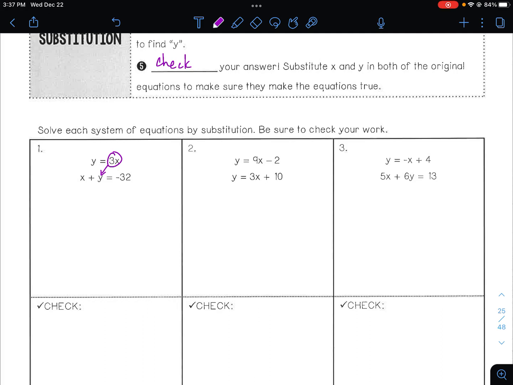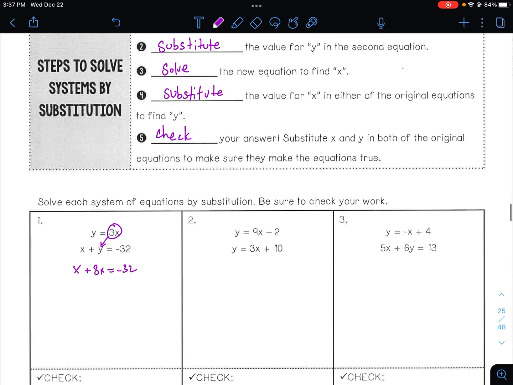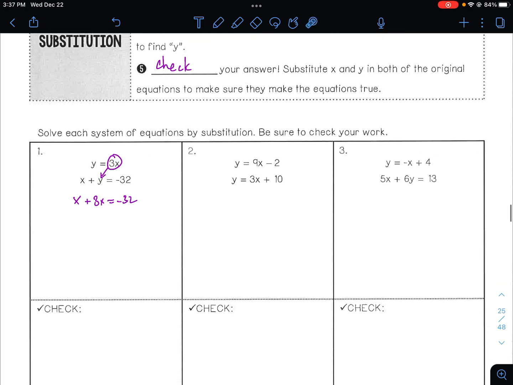You're going to write this second equation: x plus, instead of writing y, you write 3x, equals negative 32. Now I can combine my like terms. X plus 3x is 4x. And 4x equals negative 32.